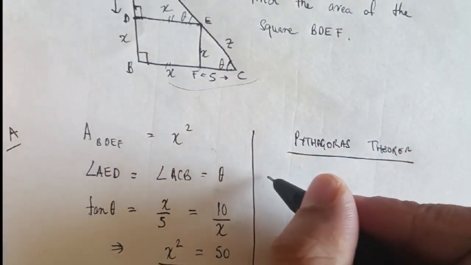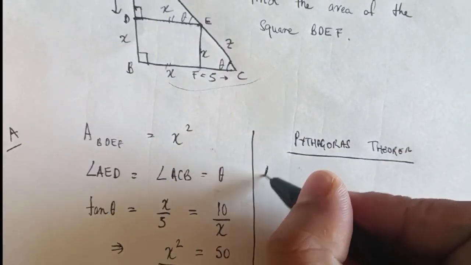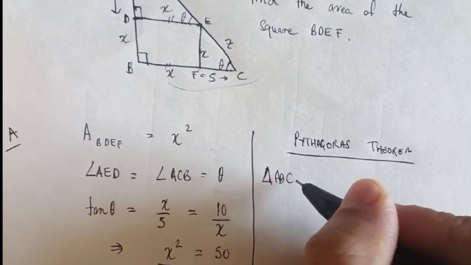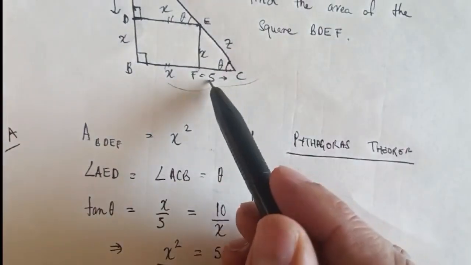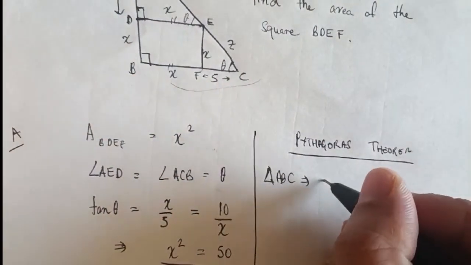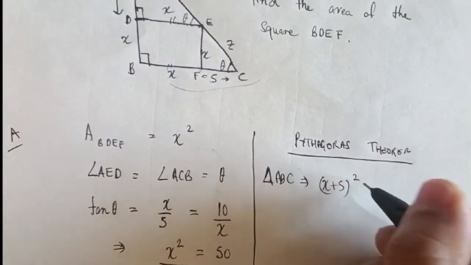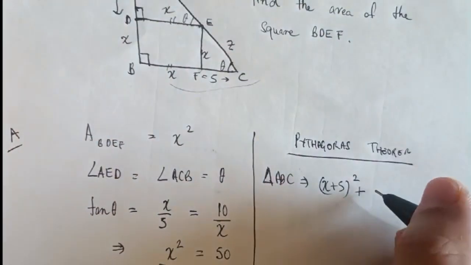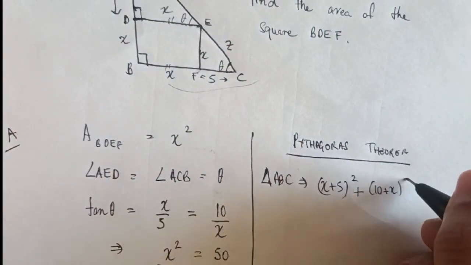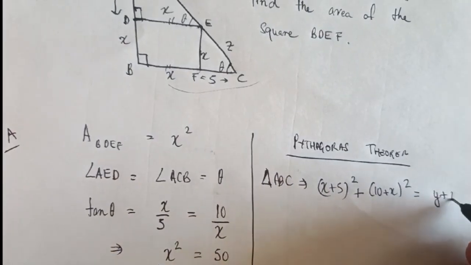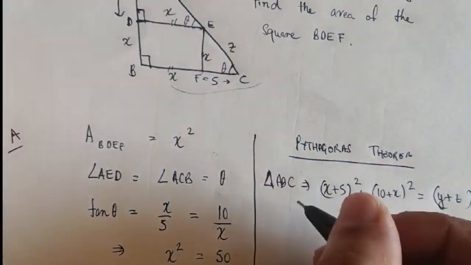So in triangle ABC, what we can say is (x plus 5) whole squared plus (10 plus x) whole squared is equal to (y plus z) whole squared, right? This is the Pythagoras theorem.